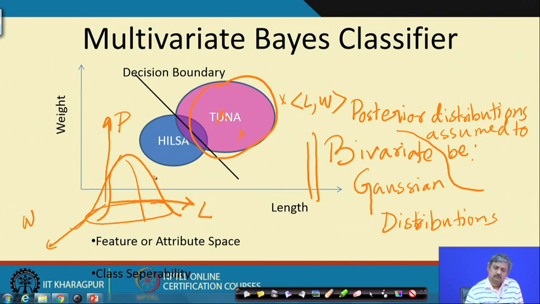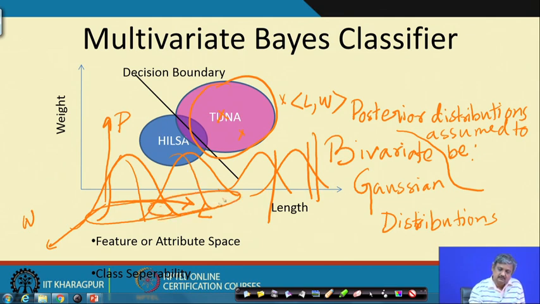Now, earlier I said that in the univariate case the boundary was the intersection between two distributions. But now if we put two such bells, their intersection is not a point, but a curve between them in the LW plane.